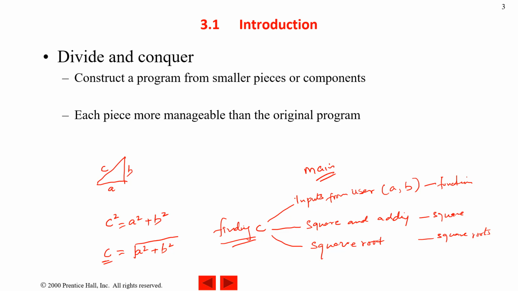My concentration over here is that I have to follow these 3 steps, and the advantage is that once I develop, for instance, a function for taking a square root, I can reuse that again and again every time I want. So in this example, I'm trying to find the value of C in this right angle triangle. Maybe in another case I'm trying to solve a quadratic equation.